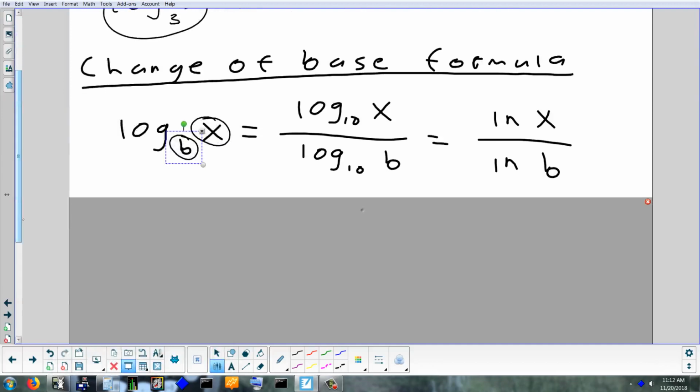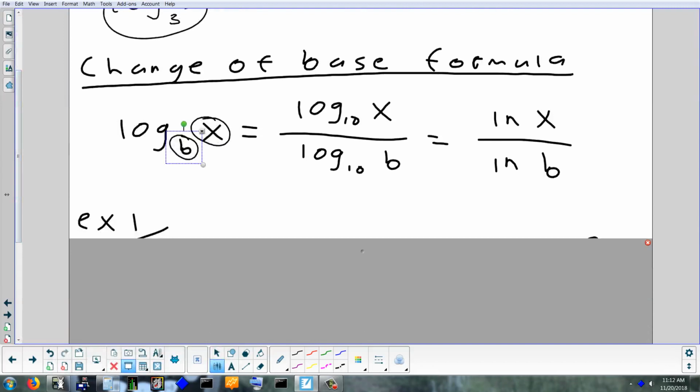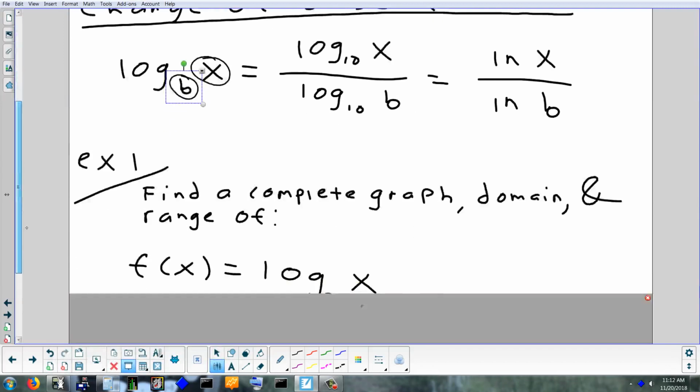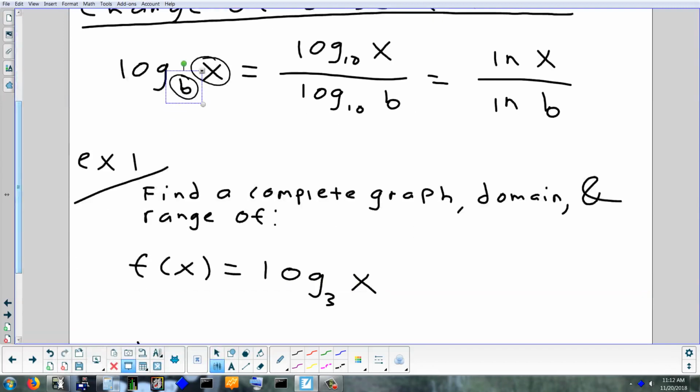Yeah, that's it. So let's try another example. This one is going to be log base 3 of x. I want to graph that. Well, I can't directly because it's a base 3. But what I can do is rewrite it so that I can type it in.